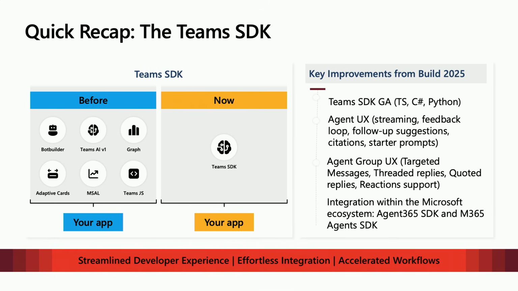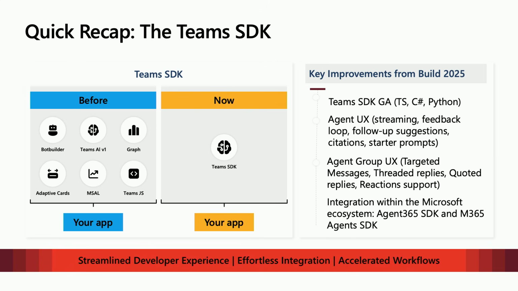Last year at Build, we brought to you the Teams AI library in TypeScript and C#. This year, we're bringing to you the Teams SDK, which is a consolidation of all the libraries and tools that you use into one streamlined developer experience. Last year, we also brought to you one-on-one agentic features, such as streaming in a chat, feedback loop, follow-up, citations, and even starter prompts.